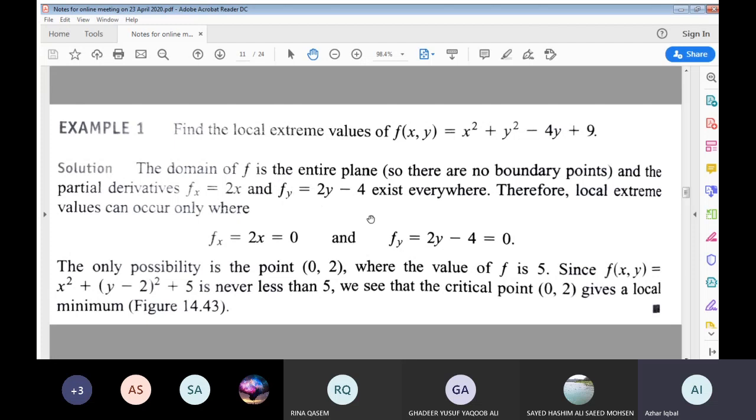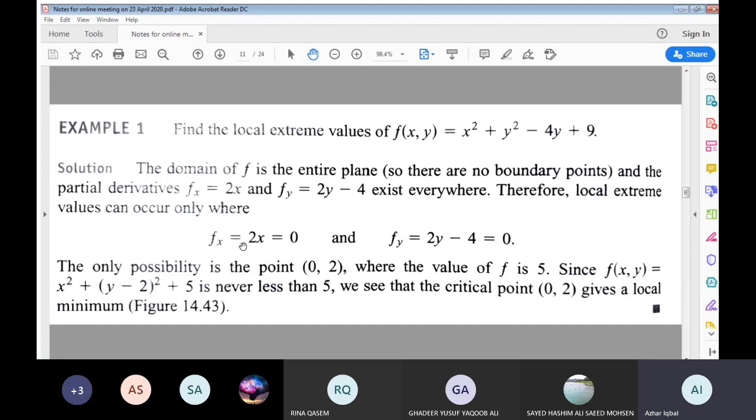You can see the partial derivatives exist everywhere, for all values of x and y. Therefore, the local extreme values can occur only where these partial derivatives vanish, which we just considered before.